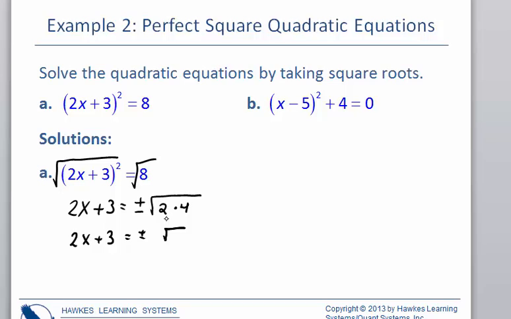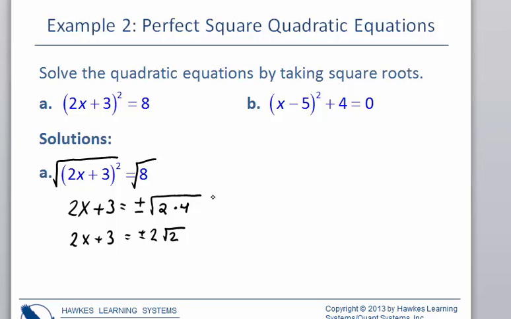The square root of the 2, I cannot take the square root of 2, so I'm going to leave the 2 underneath. I can take the square root of the 4, and the square root of 4 is equal to 2, so there's going to be a 2 that's going to come out to the front as well. So we're going to end up with something like this, plus or minus 2 on the square root of 2.